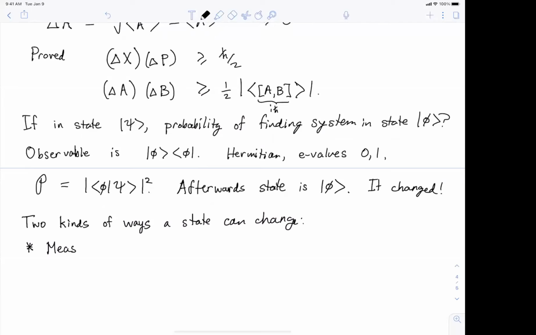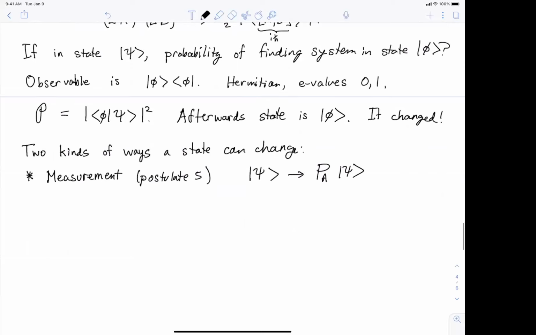By measuring the state, we changed it. And that's postulate 5. How did we change it? We changed it by multiplying by a projection operator. And projection operators are Hermitian operators.